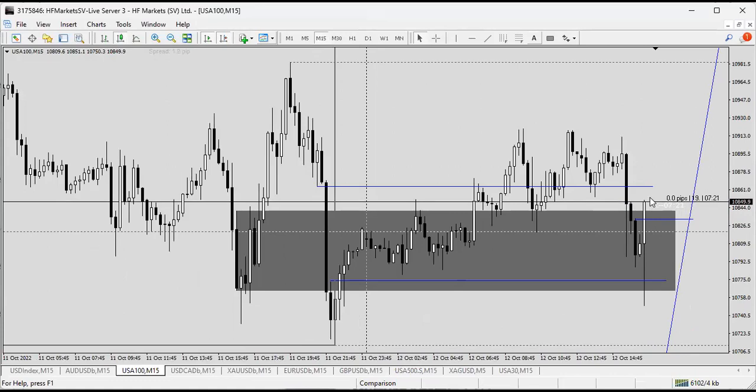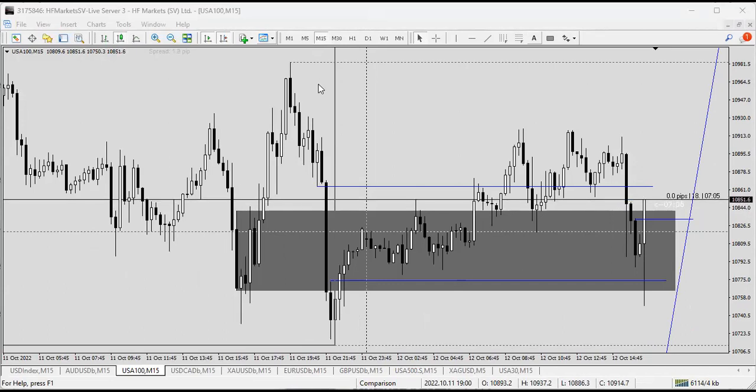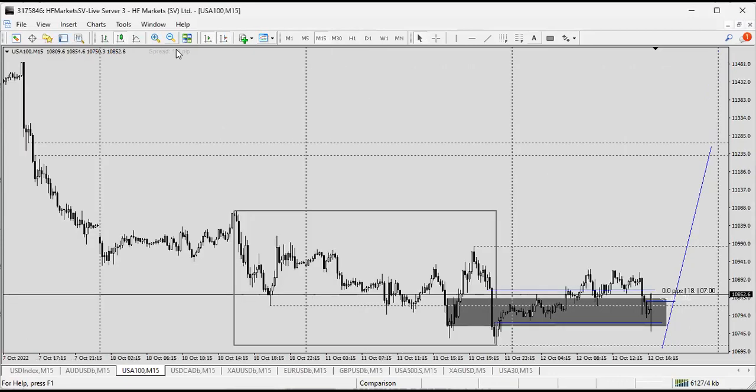Maybe the sell should be higher probability first based on what's happening right here. Let's take a look at M15 one sec. Yeah, it looks very, very scary to say the least. I'm gonna fib this range.